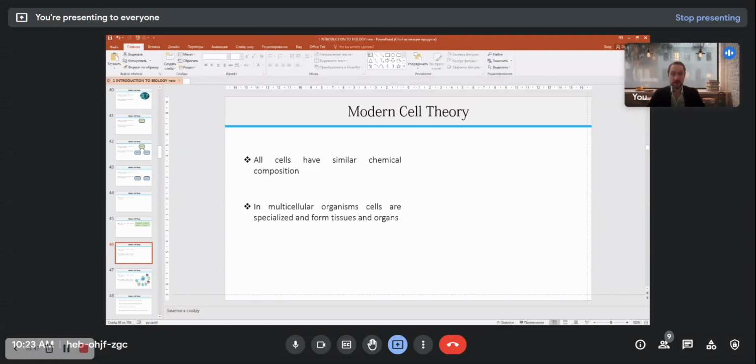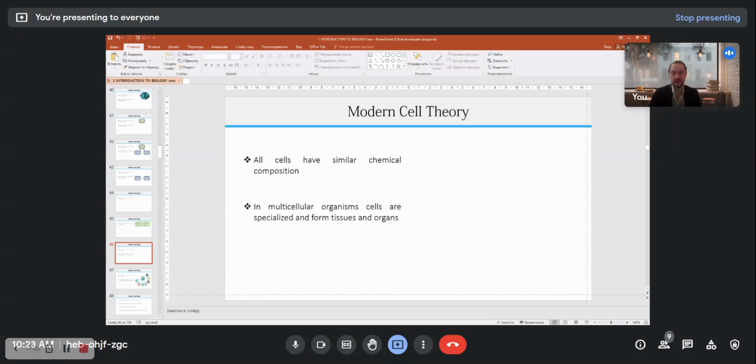Another important point of modern cell theory is that multicellular organisms have specialized forms of tissues that form organs.